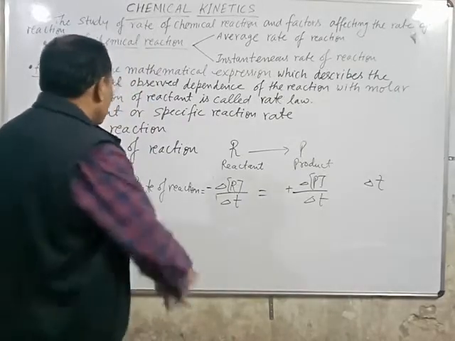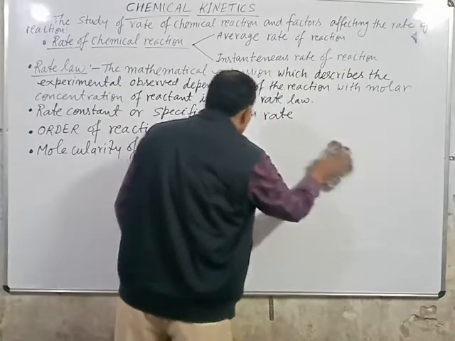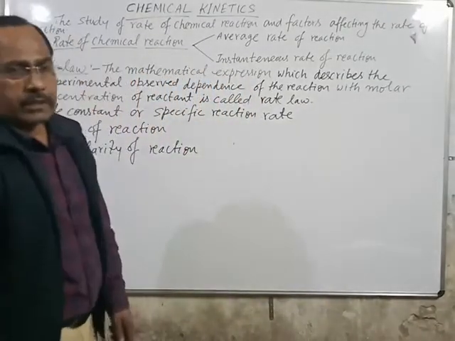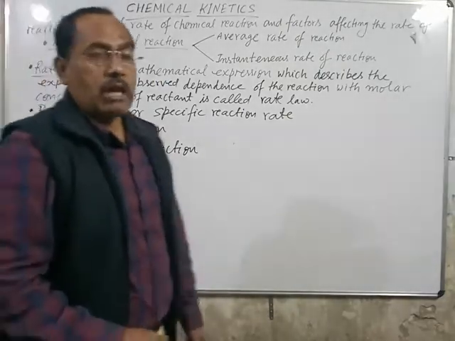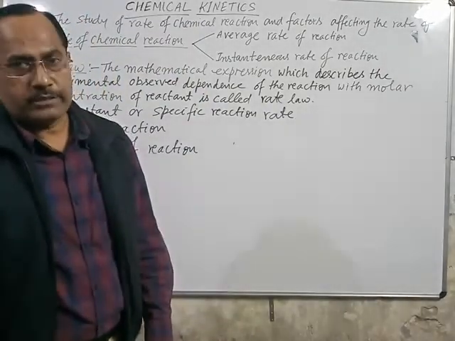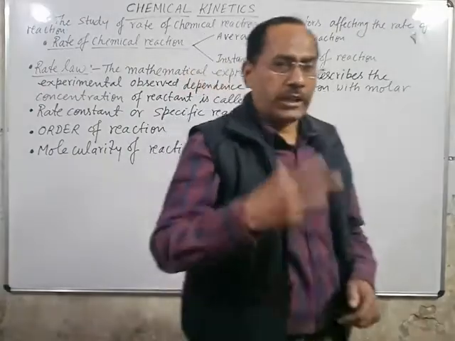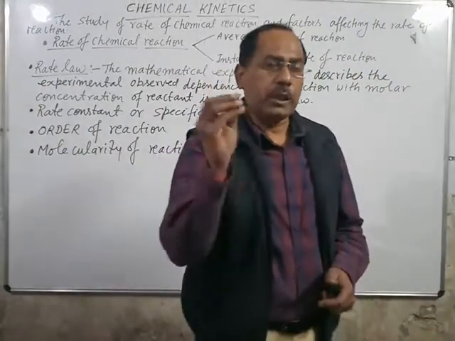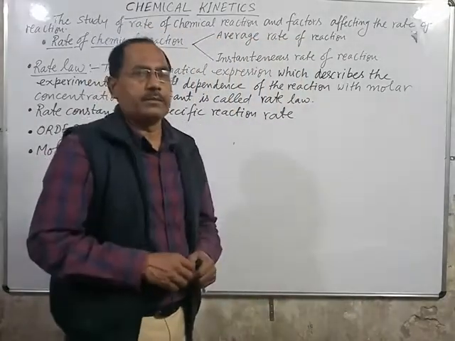And the rate of reaction may be average or may be instantaneous. So the rate of reaction is of two types, average rate and instantaneous rate. Instantaneous rate means change in concentration of reactant or product at a particular moment of time.